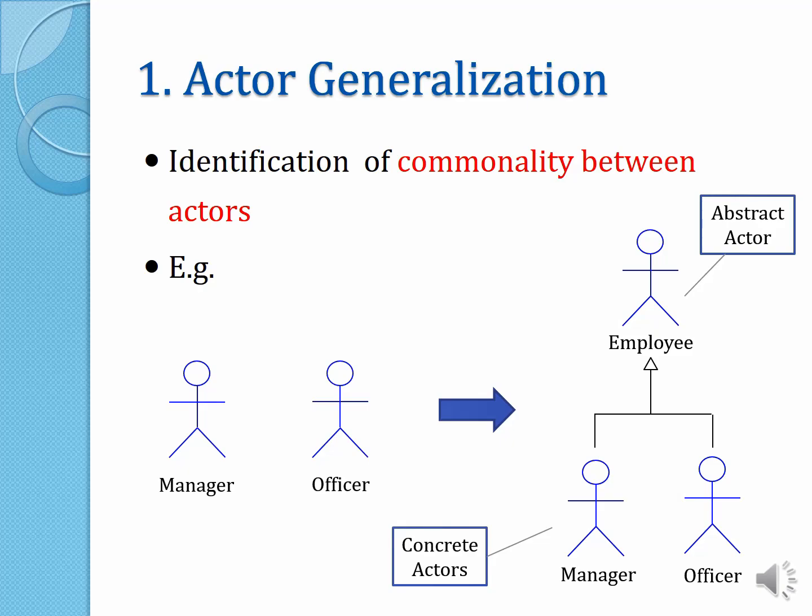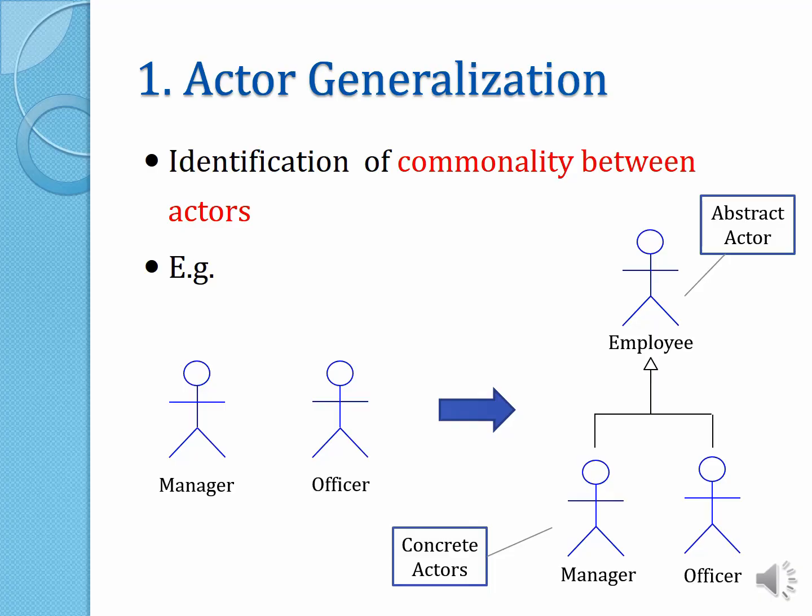Sometimes different actors perform the same task in the system. So instead of connecting each actor separately to the same use case, we identify the common behavior and create a parent actor. This makes our UML diagram much simpler and easier to understand.